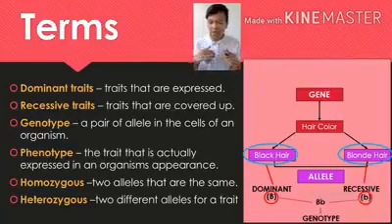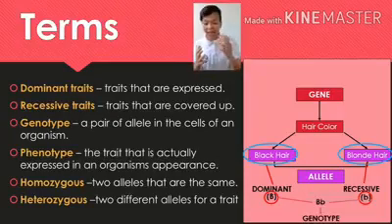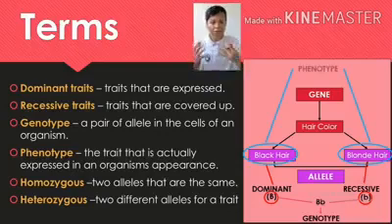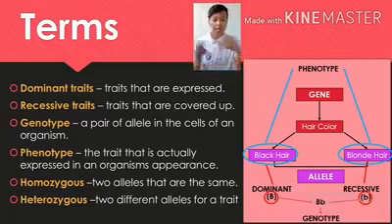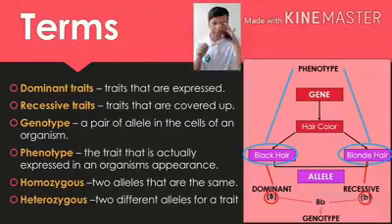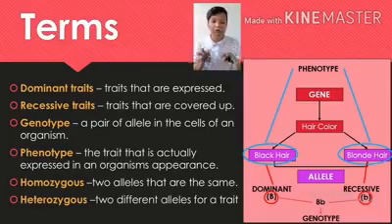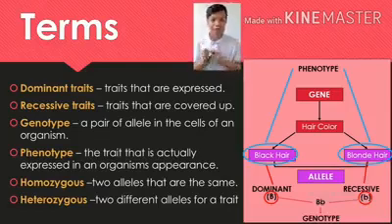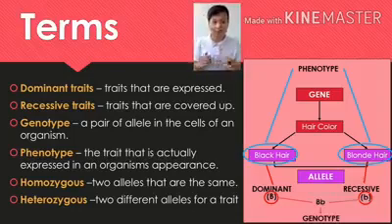While phenotype is the trait that's actually expressed in an organism, the appearance. By this, yun yung color ng hair dito sa ating diagram. So, if the genotype is written in letters, the phenotypes are the characteristics that are being expressed in an organism. Yun naman yung pinagkaiba ni genotype at saka ni phenotype.